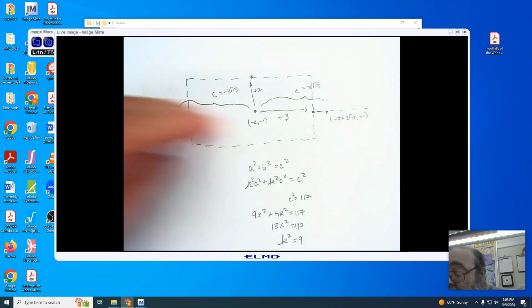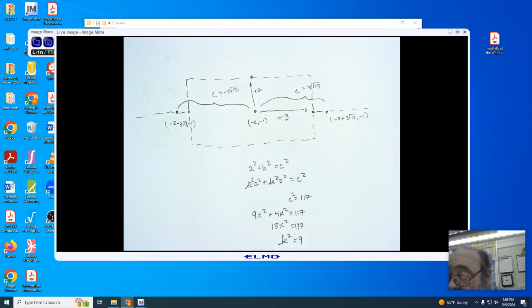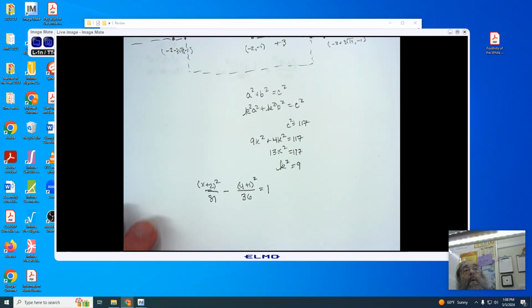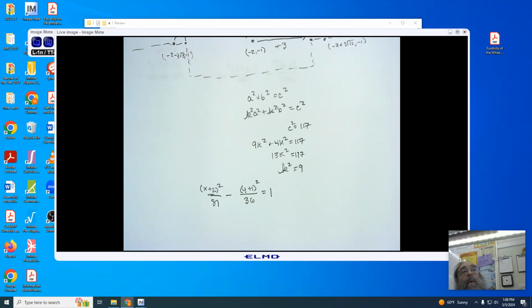Once again, it's a horizontal transverse axis, so I know my x comes first. So x plus 2, the quantity squared, over 81, minus y plus 1, the quantity squared, over 36, equals 1. And there is my answer to number 20.